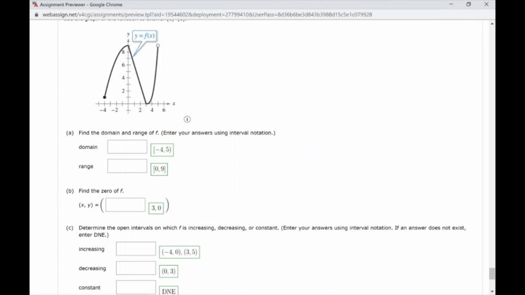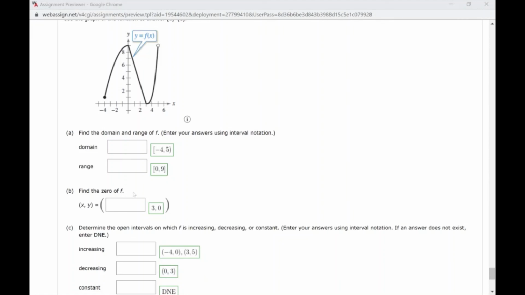Finding the 0 is the same thing as finding the what? X-intercept. Write that down. Finding the 0 is the same thing as finding the x-intercept.